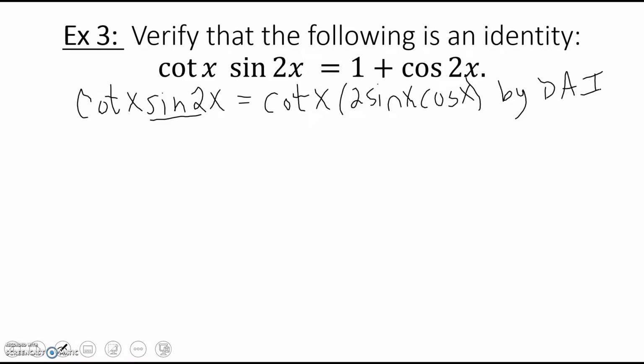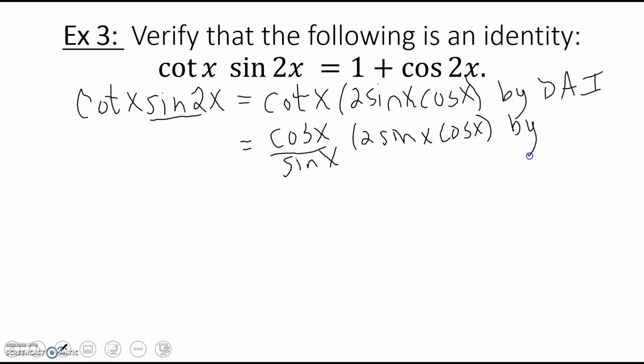Now I'm going to convert cotangent, because remember, one of our hints was to always convert in terms of sine and cosine if you can. So I'm going to rewrite cotangent as cosine of x over sine of x. And do y'all know what that's by? How will we justify that? If you said the reciprocal identity, then you are correct.